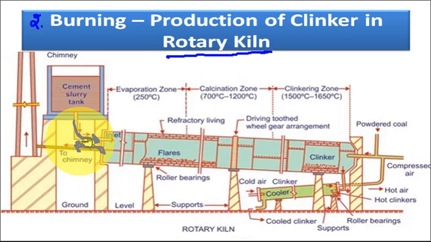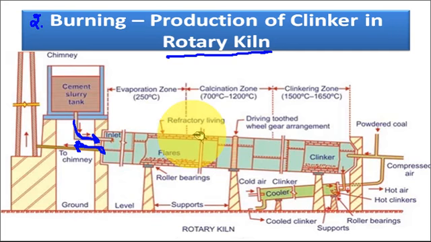Now basically the burning process is carried out in this part. This is the rotary kiln part. This rotary kiln consists of a long steel cylinder lined with the refractory material.